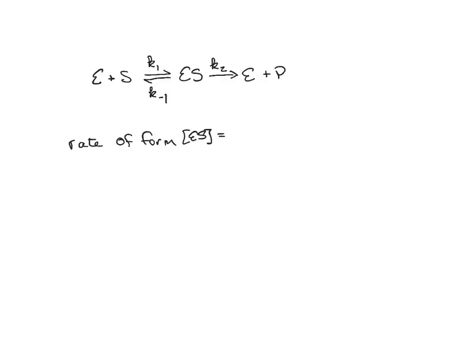So there's only one arrow pointing towards ES. That's the arrow that we wrote K1 over. And in elementary steps, all you do is write the K for that arrow times the concentration of the stuff on the other side of the arrow. That's it.